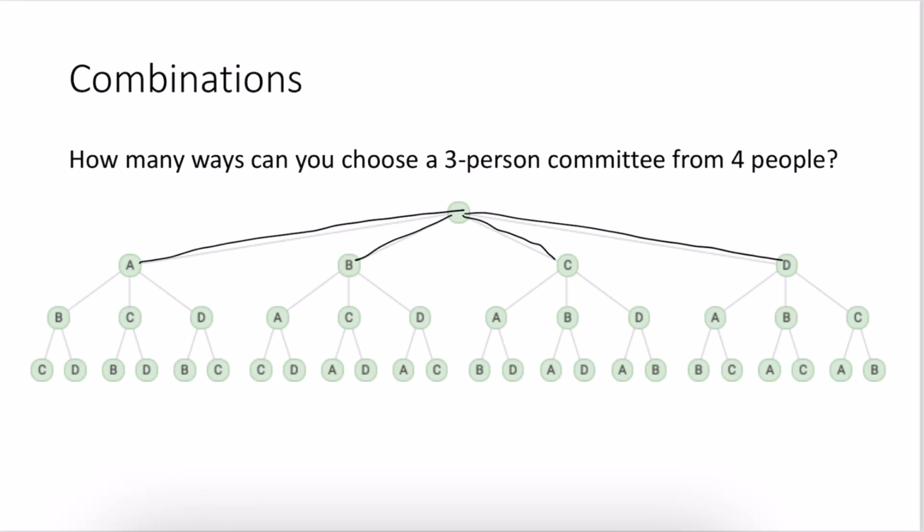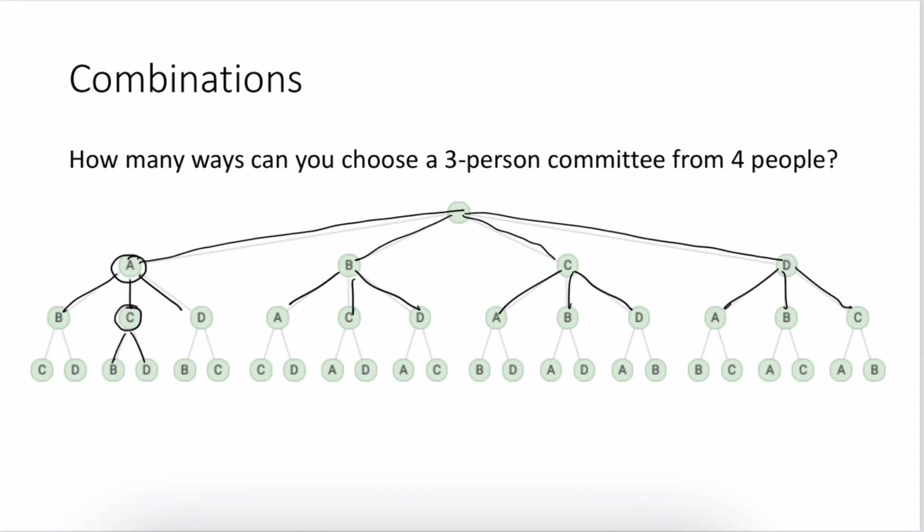Then the second layer is going to have 3 branches branching off of each of those, because whoever we chose as the first person can't also be the second person. So we only have the 3 remaining people to choose from for the second person on the committee. Let's say that we chose person A for the first person on the committee, and person C for the second person. In that case, we would have 2 choices left for who could be the third person.